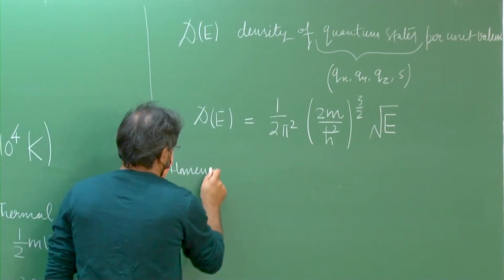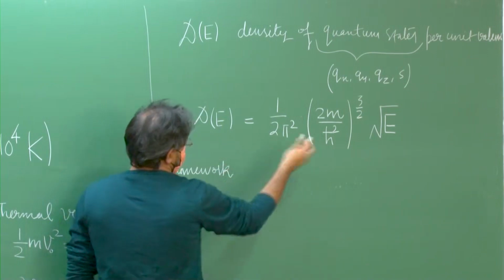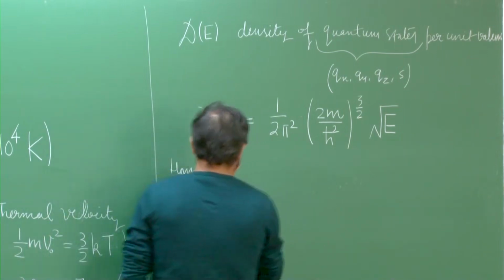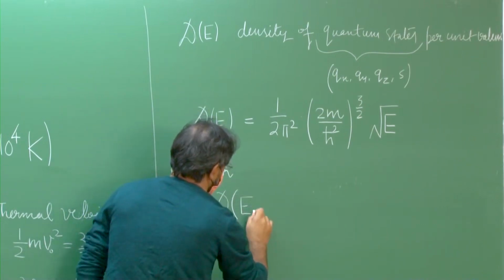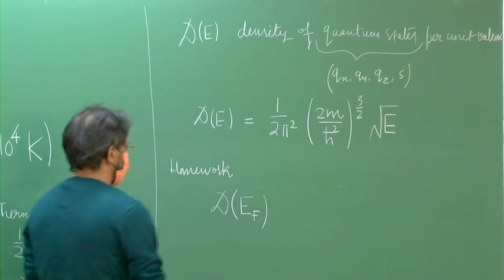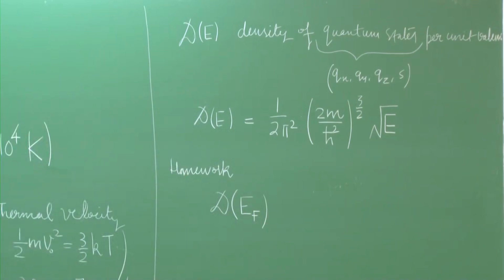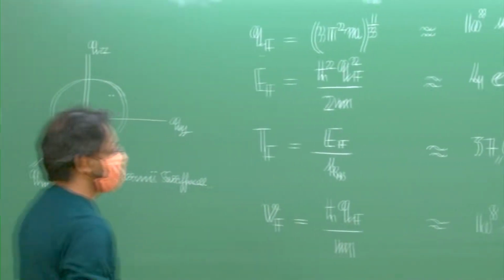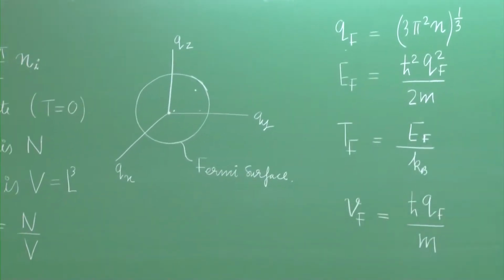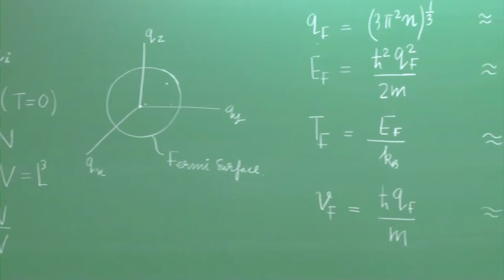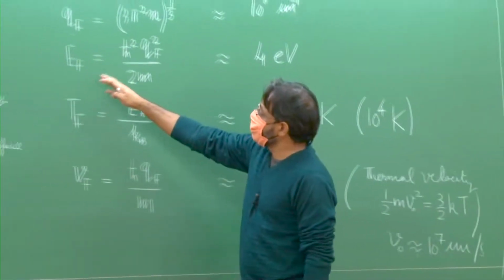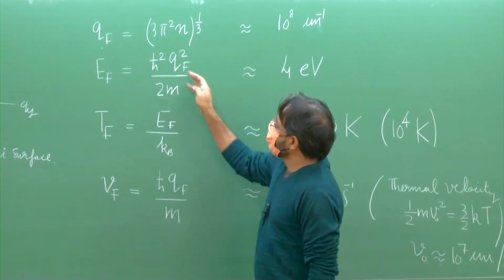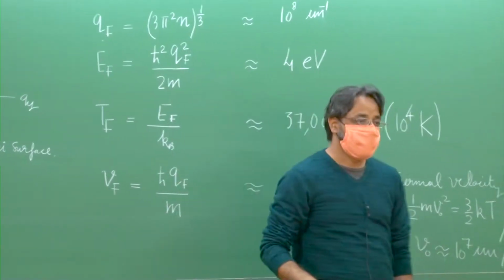Now, this will be a homework problem, some manipulations. Suppose you have to find the density of states at EF. You just need to plug in EF for E, and then if you have to reduce it further, you can put EF in terms of this and then this in terms of this, so you can find it.